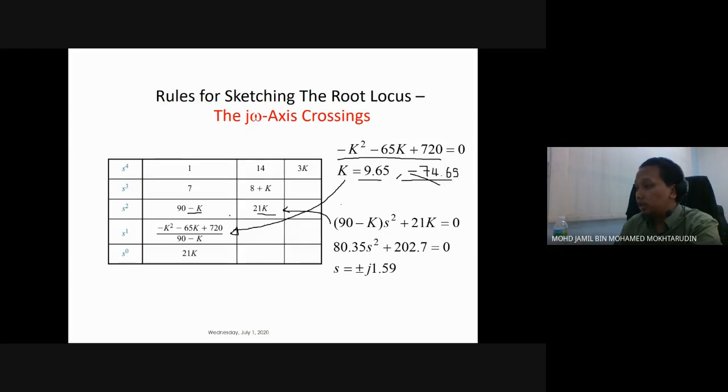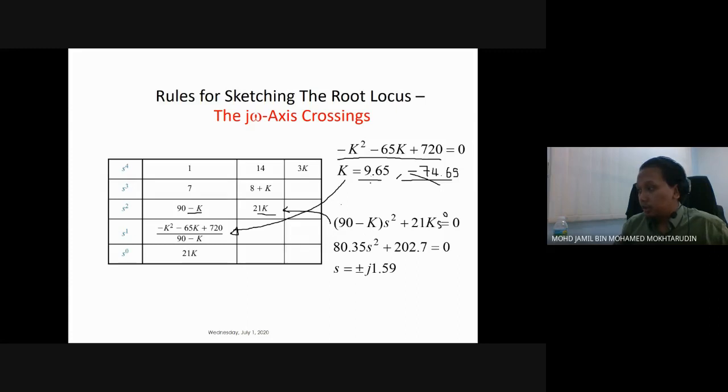Here you take 90 minus k times s squared plus 21k times s power of 0. If you still remember your Routh-Hurwitz method for finding the values of k when a whole row becomes 0, you need to use one row above.